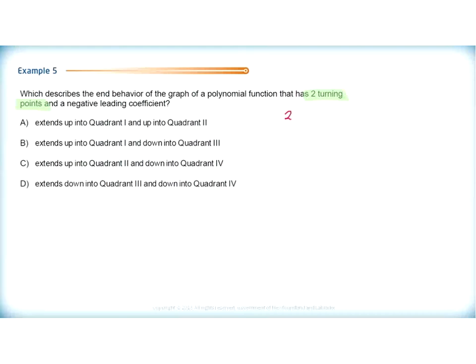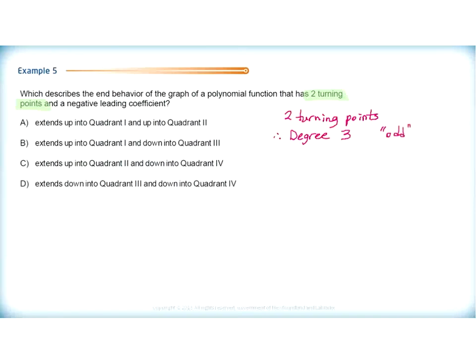So if we have two turning points, then that means that the polynomial will be of degree 3, which is an odd degree polynomial function.